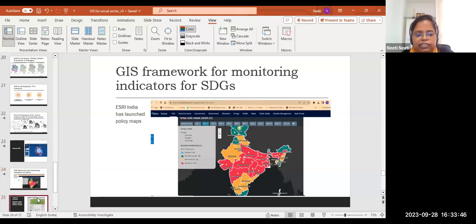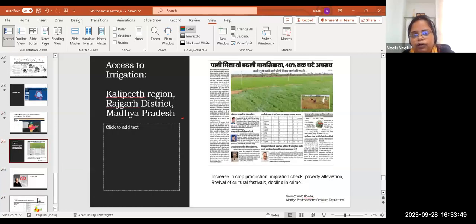One of the examples which I came across yesterday was "Pani mila to badli mansikta, 40% tak ghate aparadh." In fact, this was a post on LinkedIn from an engineer from the Madhya Pradesh Water Resource Department. The issue was that irrigation facility was not there in the Kalibeet region, Rajgarh district, which was leading to more crime.